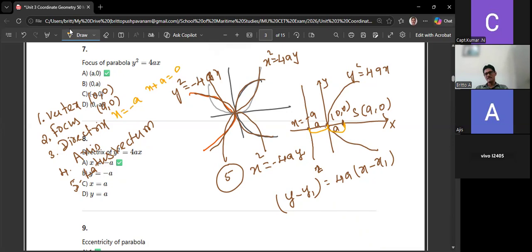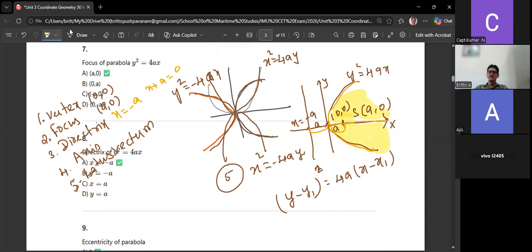What is the axis? The axis is the line about which the parabola is symmetrical. Here the parabola y squared equal to 4ax is symmetric about the x-axis. Whatever area you have in the top, the same area you have in the bottom also, so it is called symmetric. You know what the symmetric concept is, right?